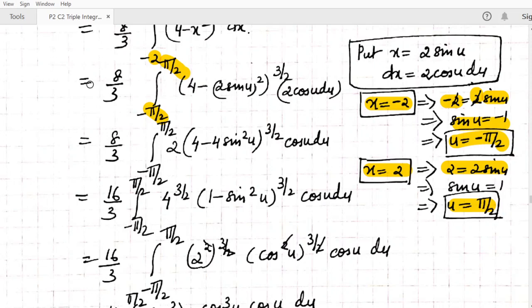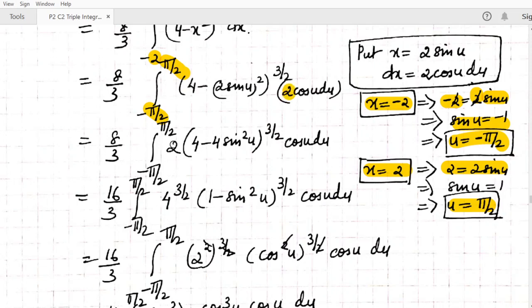So now we are simplifying it. 8 by 3 into integral minus pi by 2 to pi by 2, (4 minus (2 sine u) square) to the power 3 by 2, 2 cos u du. Here we see that 2 is there.